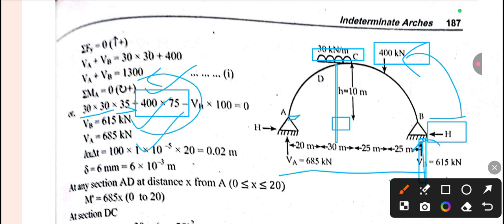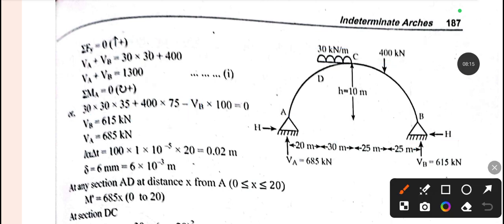Okay, now it's time to calculate L alpha delta T. So now calculate L alpha delta T. As you know, L alpha delta T, the value of L equals 100 meters, so we just put this value. And alpha is given as 1 into 10 to the power minus 5, so we just put this value.